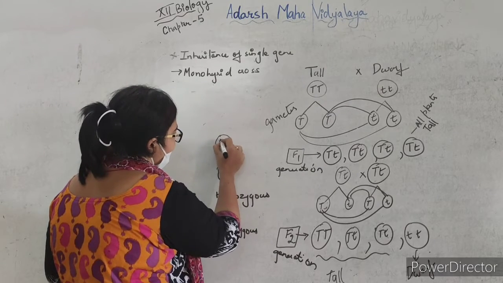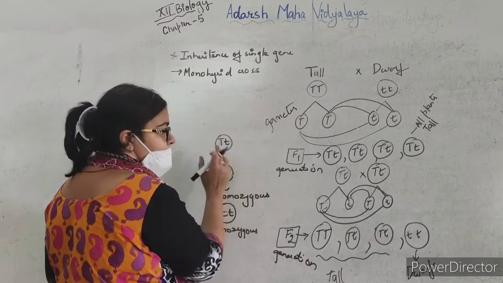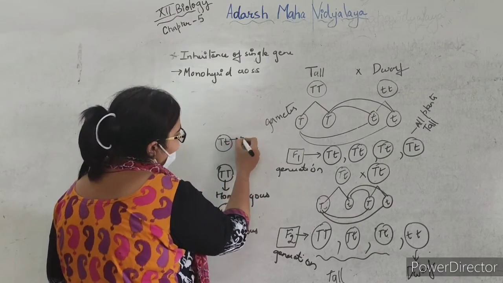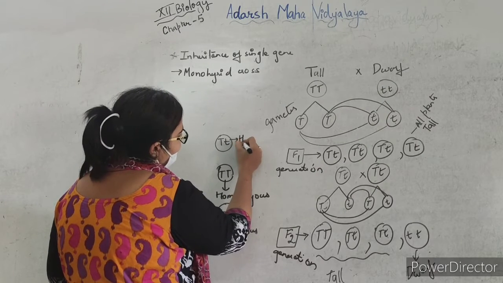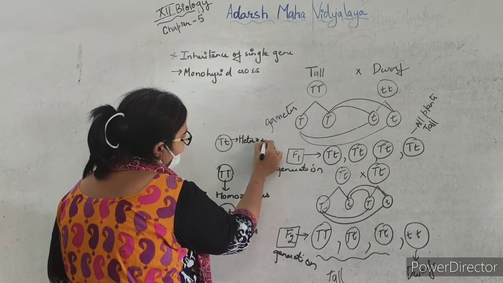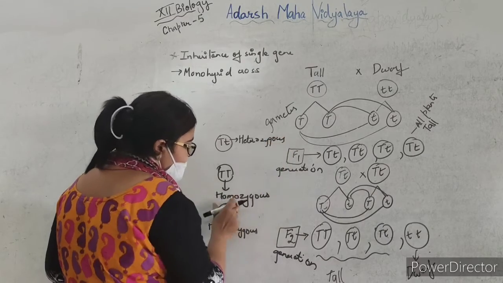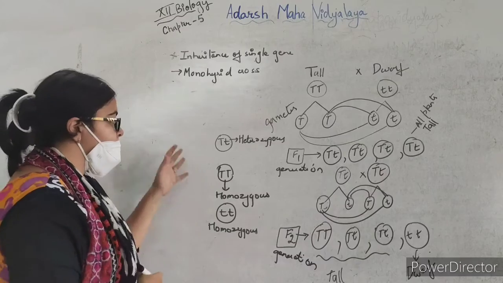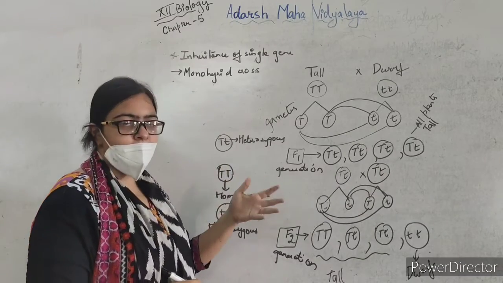But when we have capital T and small t, they are different traits. This is for tallness and this is for dwarfness, so we call it heterozygous. Homo means same and hetero means different. These are some of the basic things you should know, as you have already studied them.